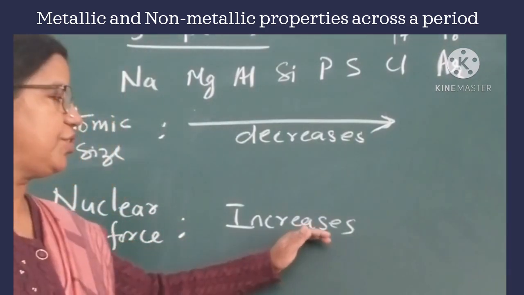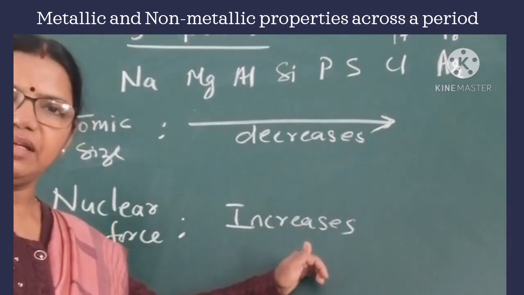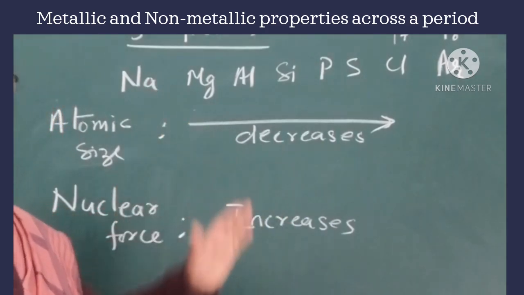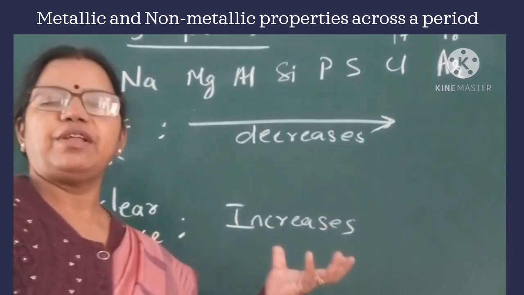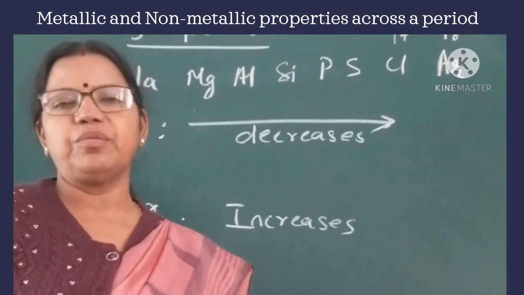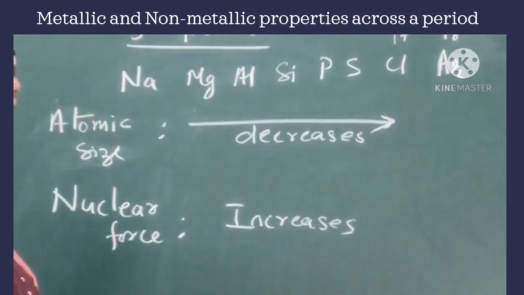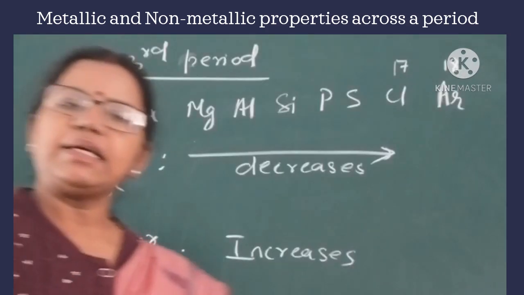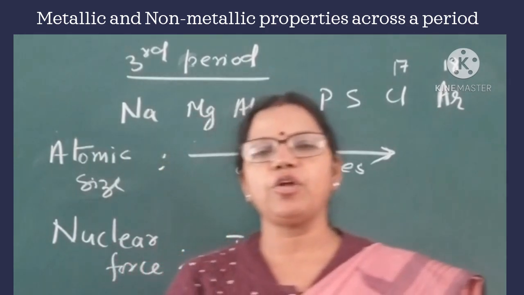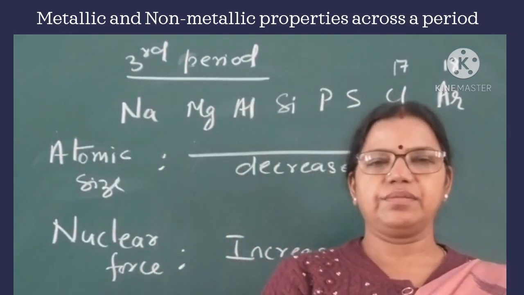That means the tendency of gaining electrons is easy, whereas smaller size atoms can lose electrons only with difficulty, and can gain electrons more easily. Hence, we can say that on moving from left to right, the metallic character decreases and non-metallic character increases.